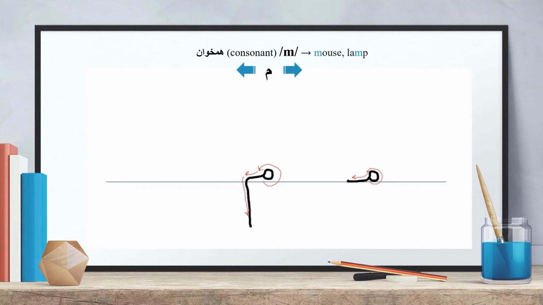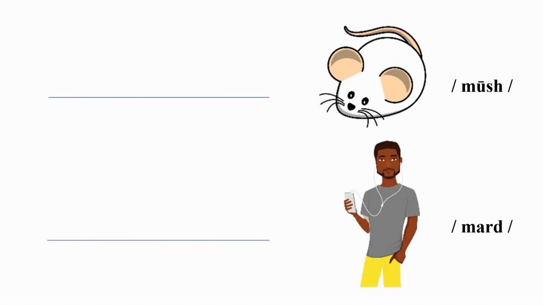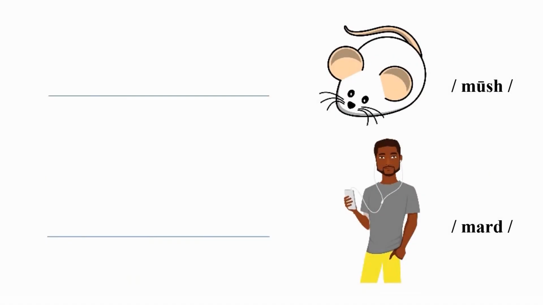Me can be connected to other letters from both sides. We have a really cute word with me. As an example, we have moosh. So we have the mouse here, moosh. We start with initial me.